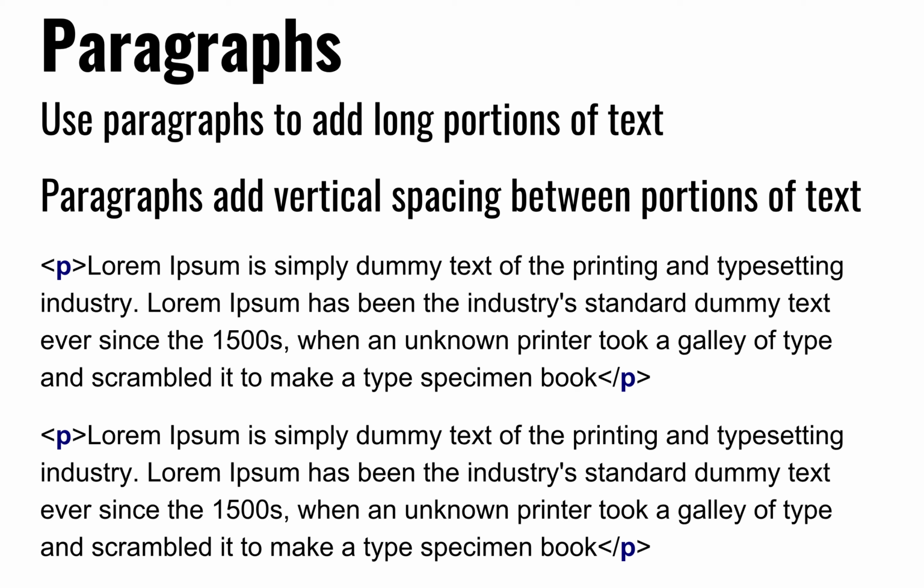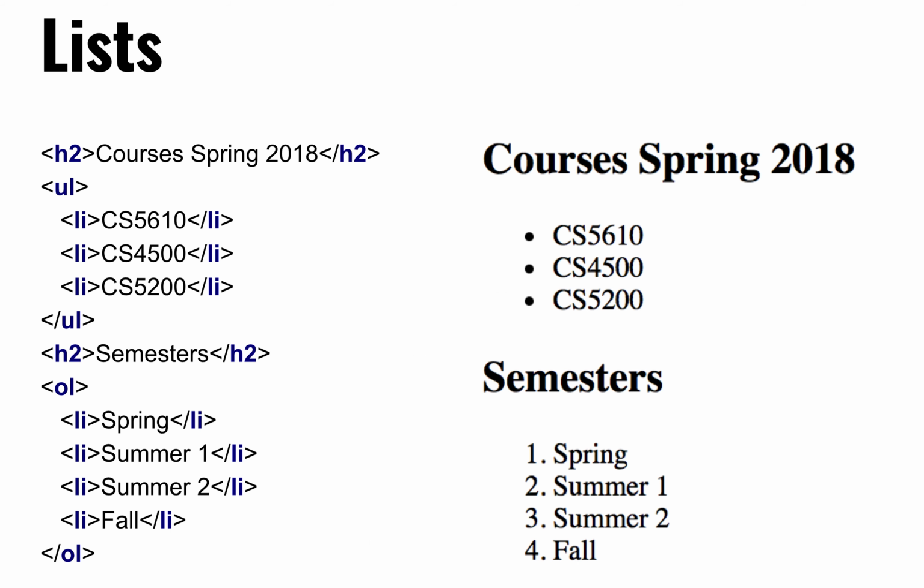So if you add any number of new lines in your document, those are ignored by the browser. If you want to explicitly tell the browser that you want breaks between your content, you need to use paragraphs or headings, which add vertical spacing between the content. Okay? So these paragraphs, opening P and closing P, say that this is a paragraph and that they should be separated with vertical spacing.